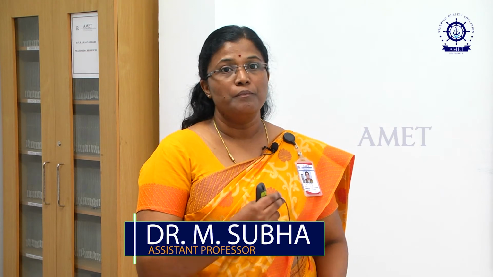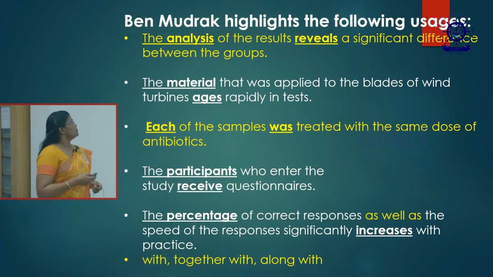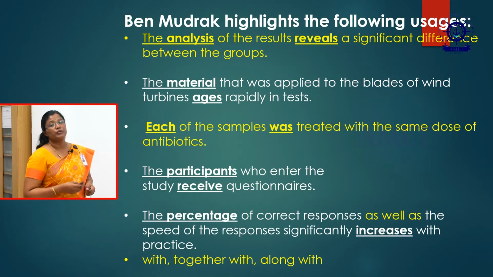Girls play hockey. To have a few more sentences to explain what is subject and verb, let's go to Ben Mudrak's highlights on the usage of subject-verb agreement. Ben Mudrak highlights the following usages in relevance to subject-verb agreement.